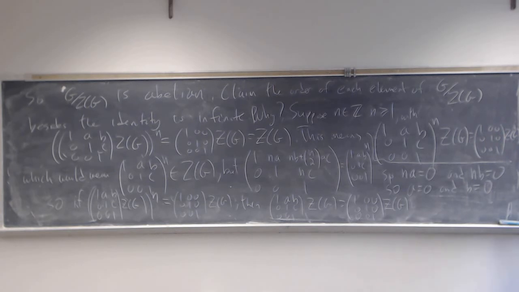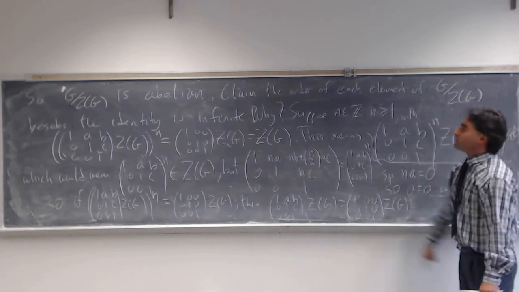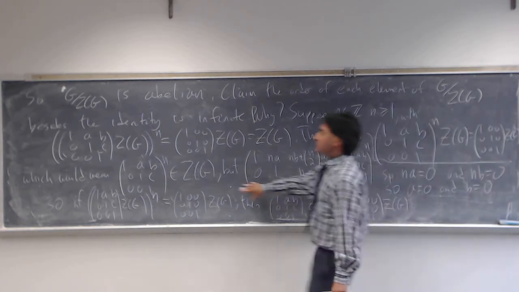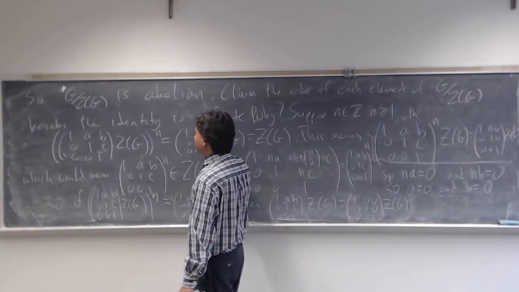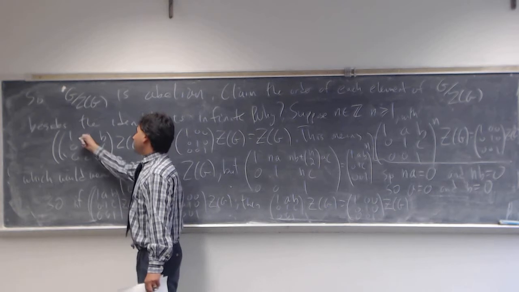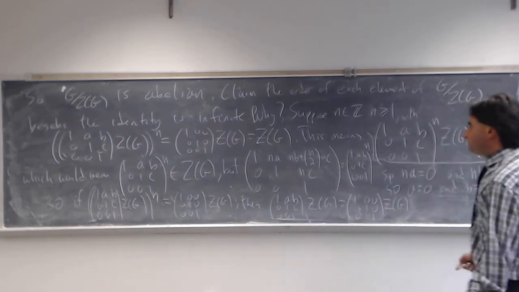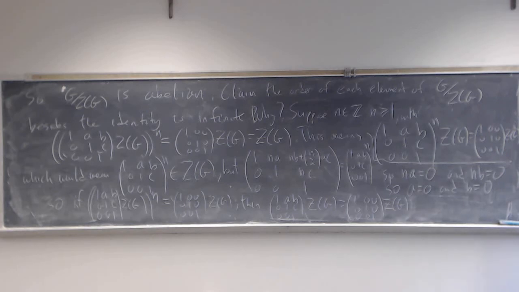So any element that's not the coset determined by the identity has infinite order. Again, the only possible way you can take a coset and raise it to the nth power and get back the identity coset would be if these two entries were 0. Let me correct my mistake in a second, but the only way that could be would be if your initial coset was in fact the identity coset.